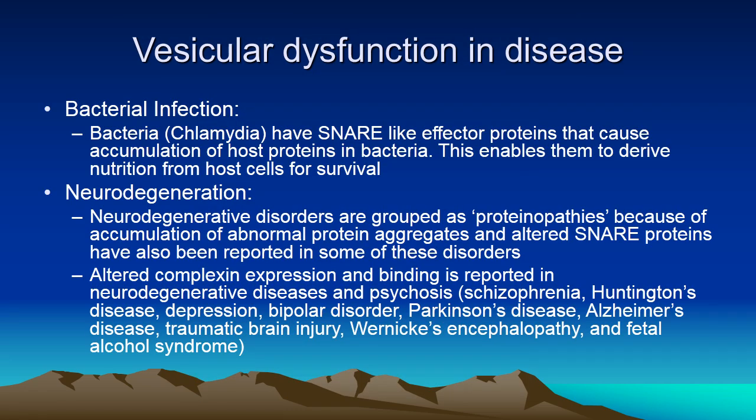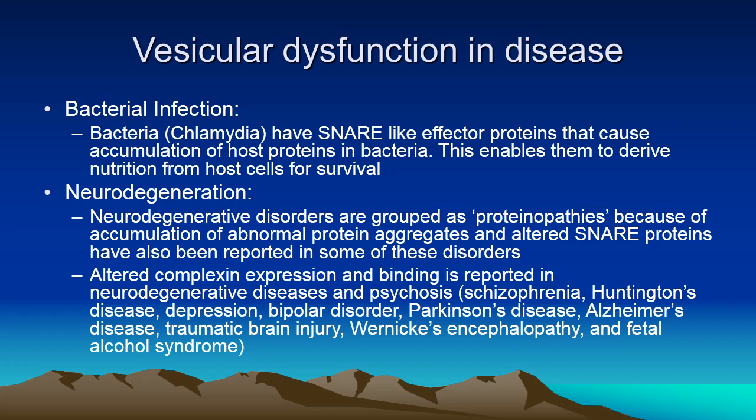Now, let us discuss a little about the clinical significance of studying this. Vesicular dysfunction in disease: bacterial infection is one example. Chlamydia bacteria may have SNARE-like effector proteins that cause accumulation of host proteins in bacteria, and this enables them to derive nutrition from host cells for survival.